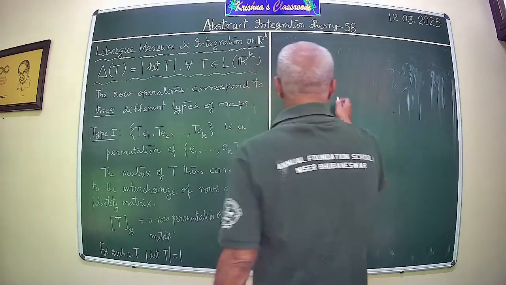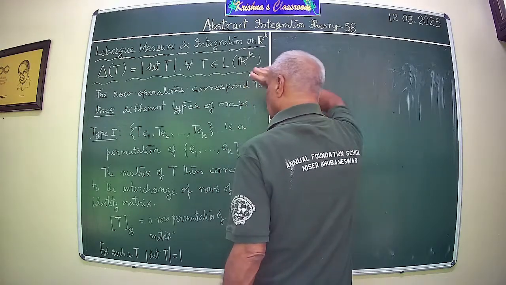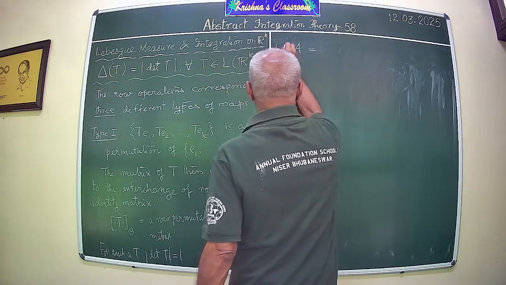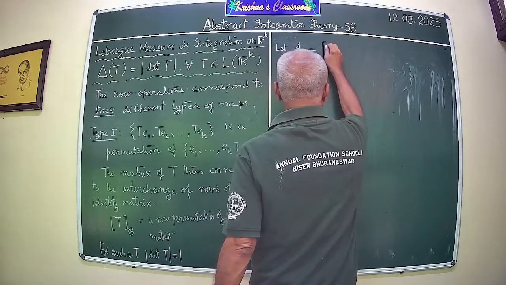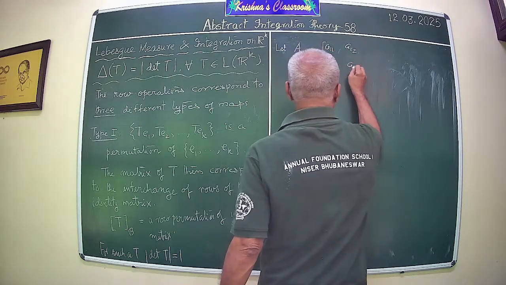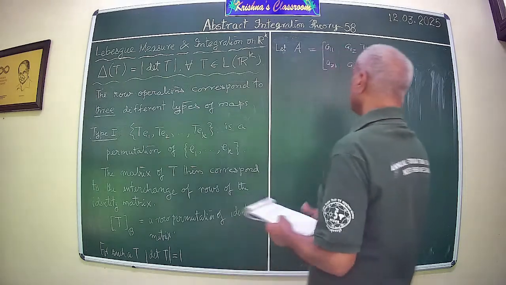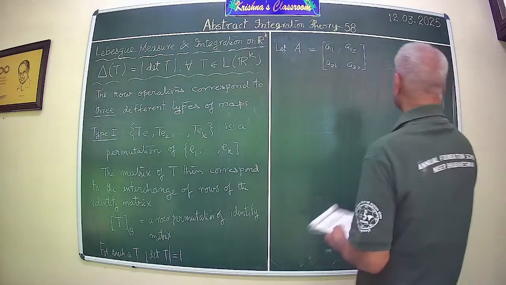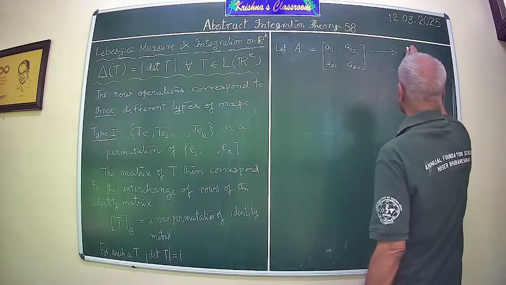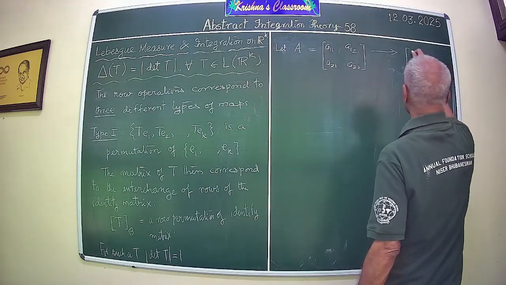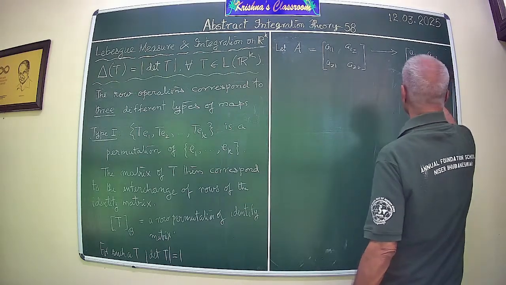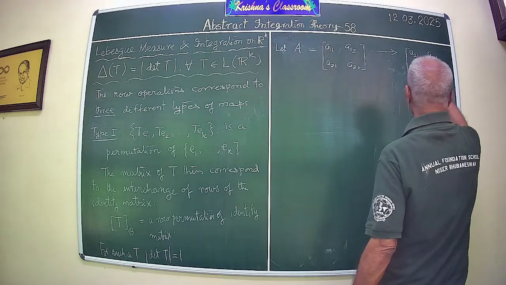This is better. So let us take A to B. Now we want to transform this into the interchange of the first row with the second row, that is into A21, A22, A11, A12.